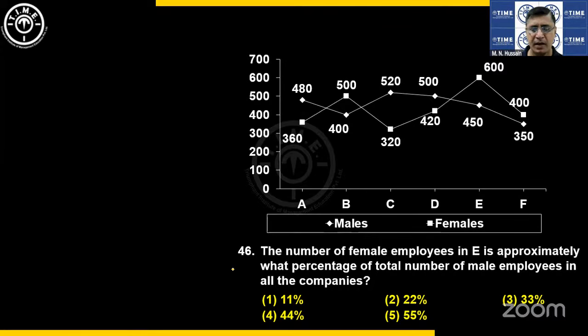Okay. Now look at question number 46. The number of female employees in E is approximately what percentage of the total number of male employees in all the companies? Now, female employees in E. What is the female employees value in E? 600.